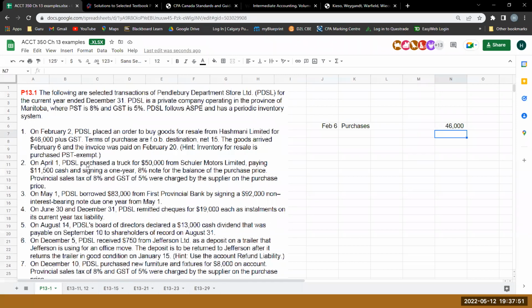These have nothing to do with accounting, folks. The fact that goods bought for resale are PST exempt is a legal thing, so don't get too flustered here. The question tells us that there's no PST in this case, only GST.